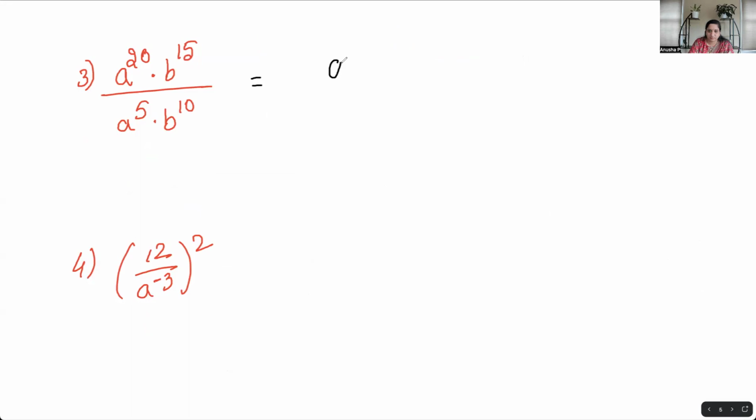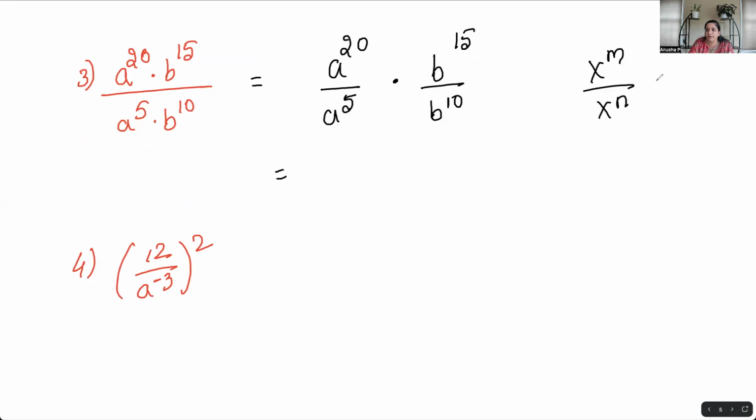Now, we have to separate it: a to the power of 20 over a to the power of 5, and b to the power of 15 over b to the power of 10. Okay. Now, what is the formula we have? x to the power of m divided by x to the power of n is nothing but x to the power of m minus n.